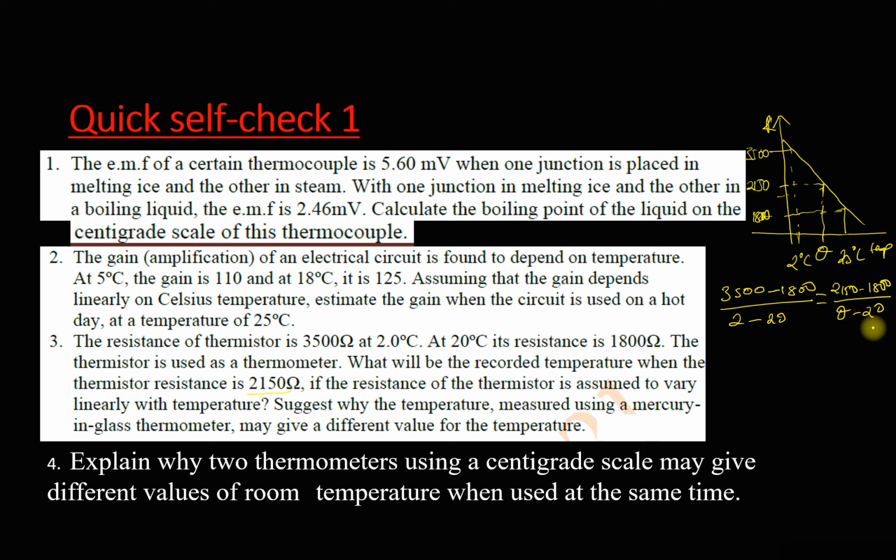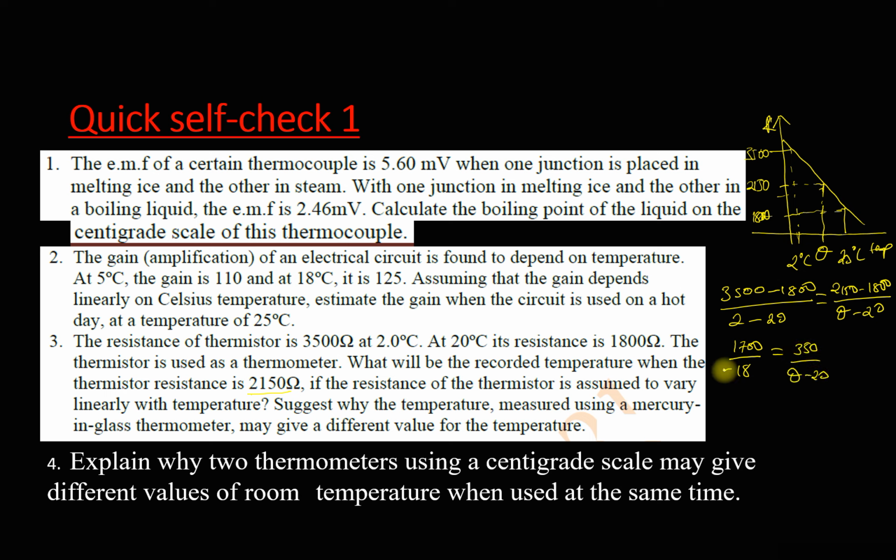So I have to simplify this. 3500 minus 1800 is 1700, divided by negative 18, equals 2150 minus 1800, which is 350, divided by theta minus 20.